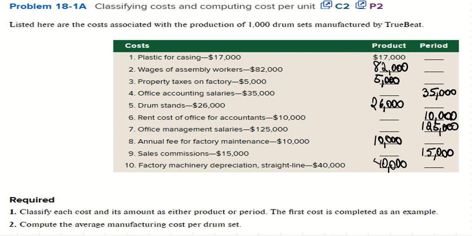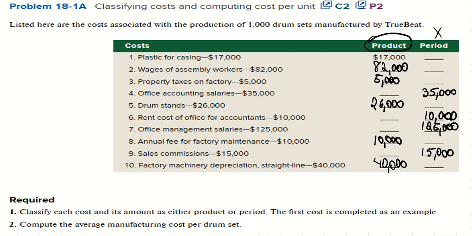Now for number 2, it says compute the average manufacturing cost per drum set. So since we need to focus on just the manufacturing costs, we don't need to worry about the period costs over here for number 2, because the period cost has nothing to do with the manufacturing process. Only the product costs here, the product column here, does.